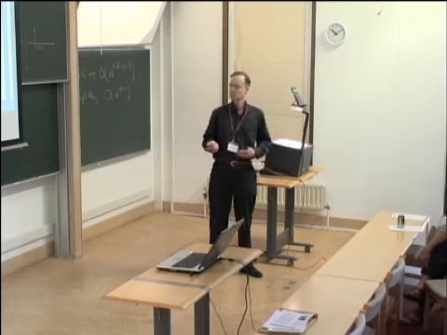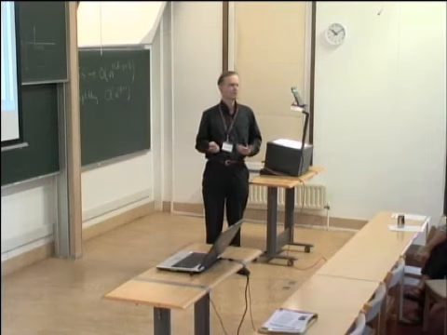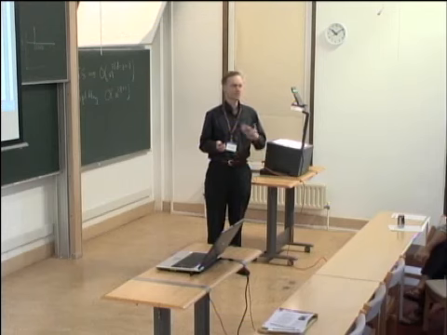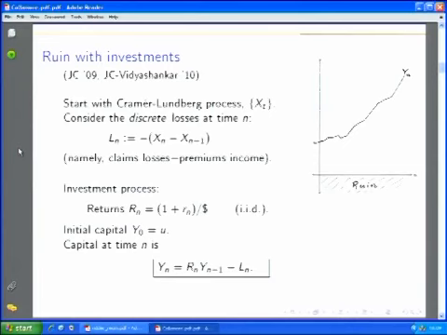Okay, next we're going to adjoin an investment process, which means that at any given discrete time, we assume that the insurance company invests the excess capital and that this earns returns on the investment, which are denoted here by R sub n. So this will be assumed to be an IID sequence.